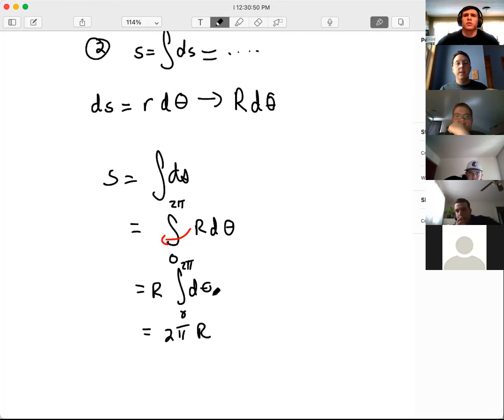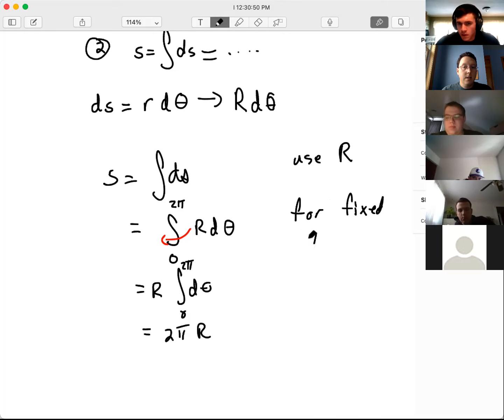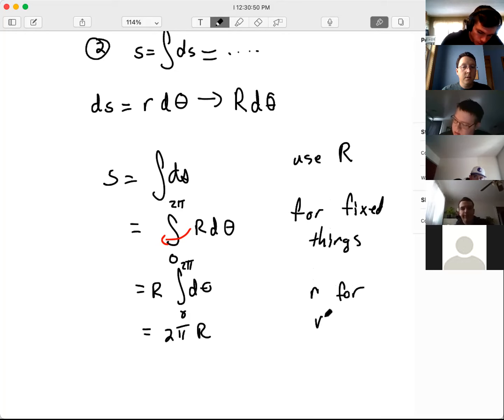I will also tell you this in this course, because we will have lots of R's. R for radius, R for position vector, R for whatever, polar coordinate. What I typically do is I use capital R for fixed things, and I tend to use lowercase r for variables.